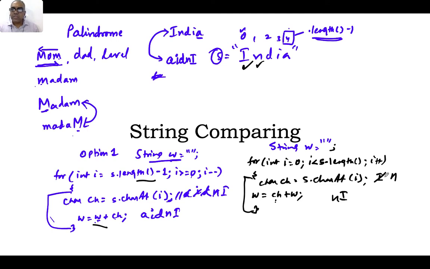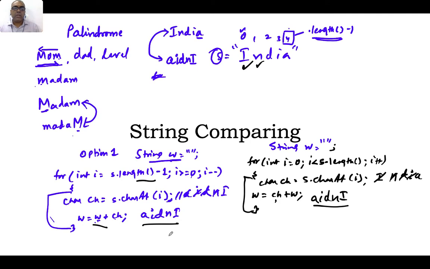Then the next character is D. D plus NI is DNI. The next character we read is I, I plus DNI is IDNI. And the next character is A, A plus everything is AIDNI. My ultimate output is the same.